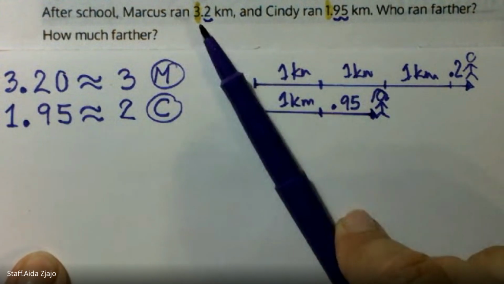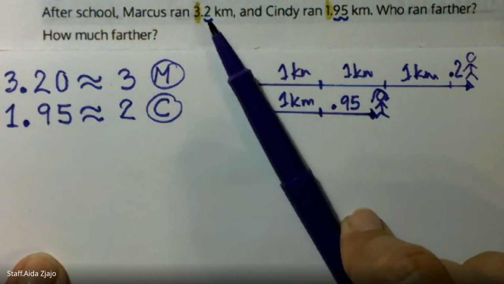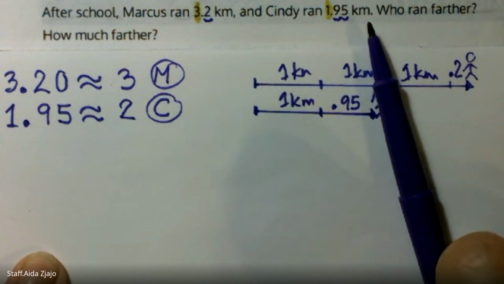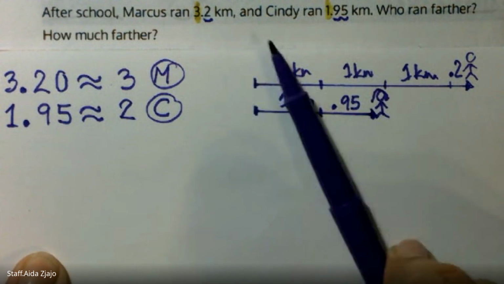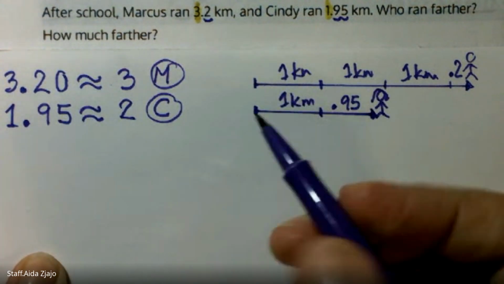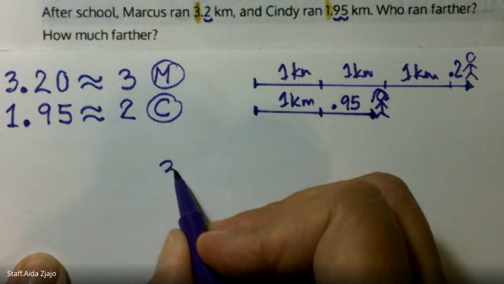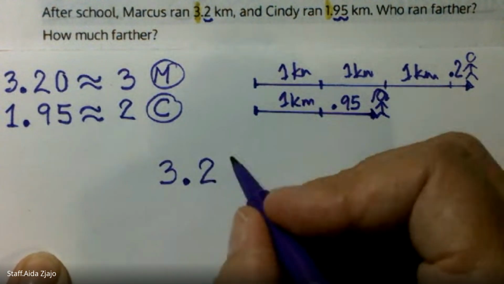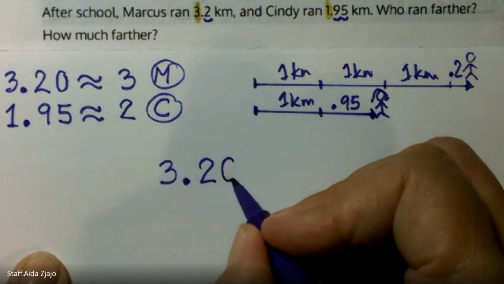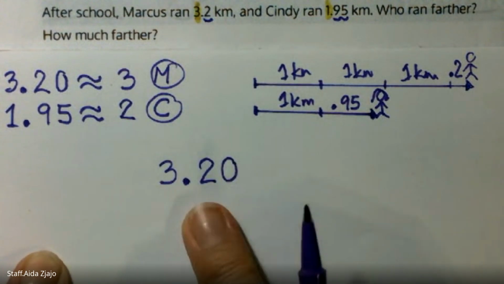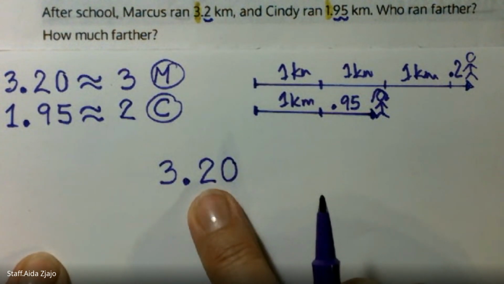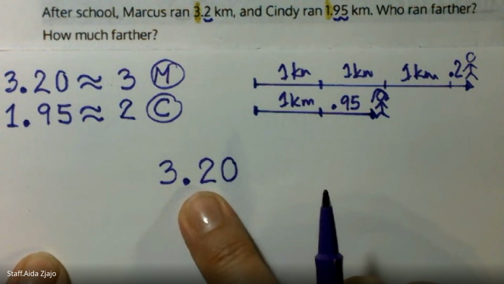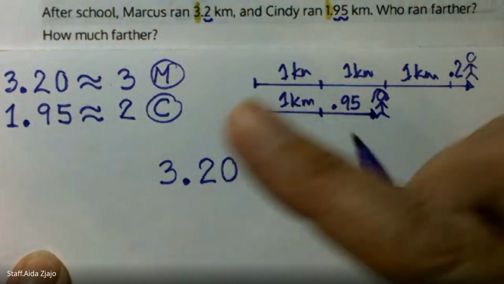If you hear yourself saying 3 and 2/10, and here 1 and 95 hundredths, I want to say the same name. So I want 3 wholes and 2/10 to become 3 wholes and 20 hundredths, because I am allowed to do that. Think about 2 dimes becoming 20 pennies, or 2/10 is 20 hundredths.